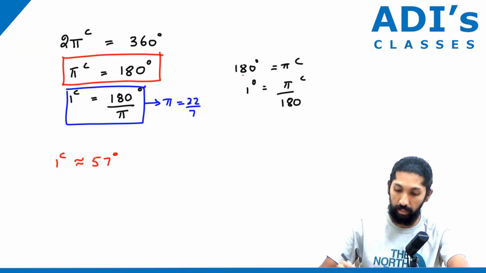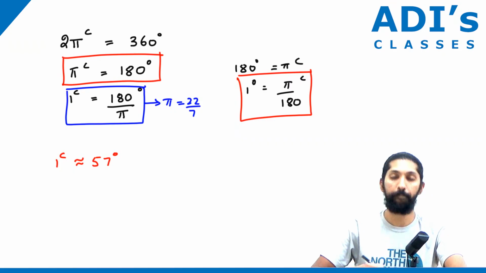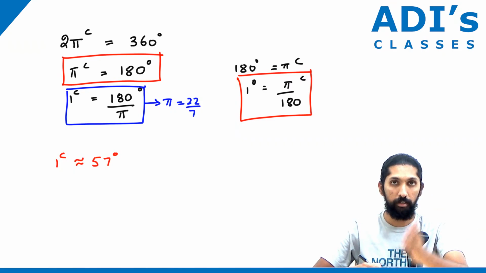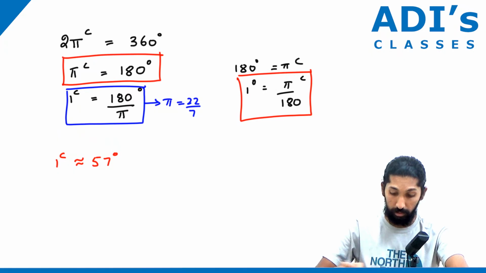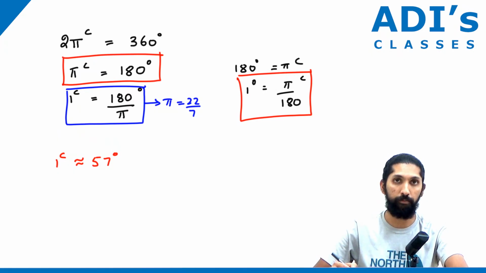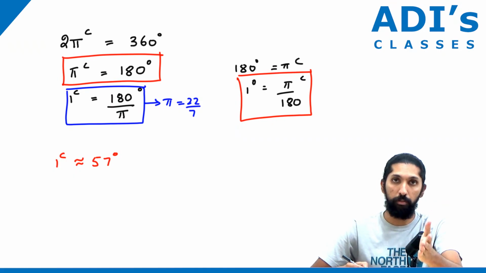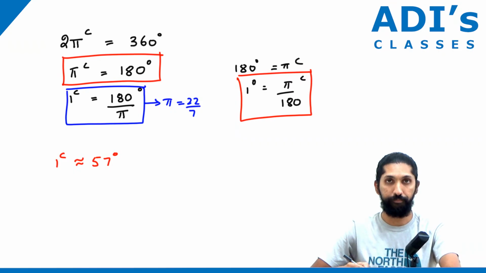This is the conversion from degree to radian measure. Degree to radian, radian to degree. Clear? These are the two extremely important conversions.